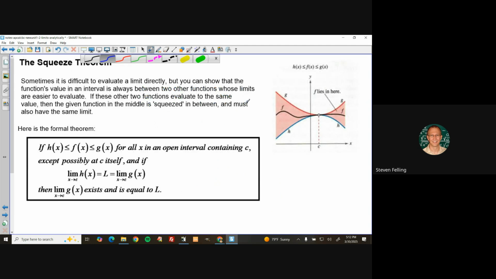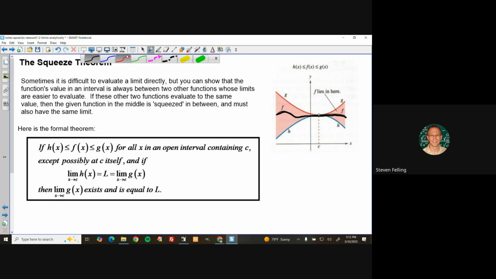Okay, another thing that can be invoked, although not frequently used, honestly, is something called the squeeze theorem. Sometimes it's difficult to evaluate a function's limit directly, but you can show that that function's value is always between two other simpler functions whose limits are easier to evaluate. So let's say you have a really complicated function, this black function here, f, and it's difficult to evaluate directly.